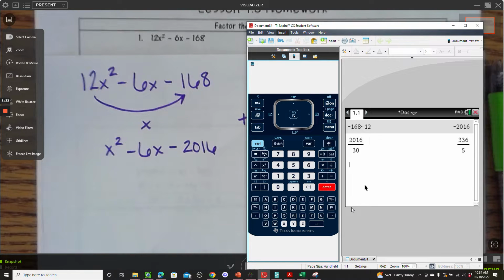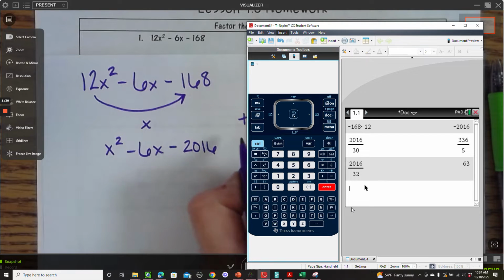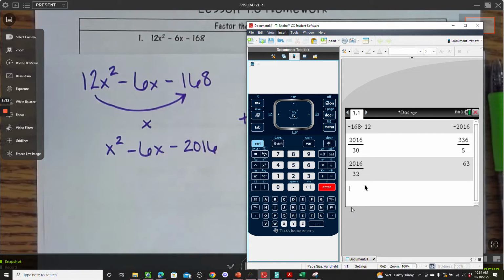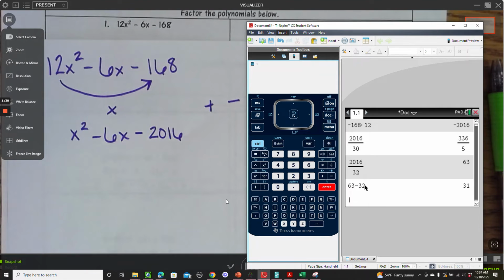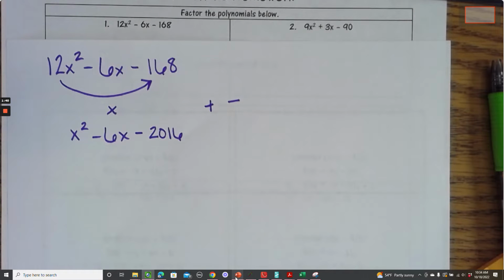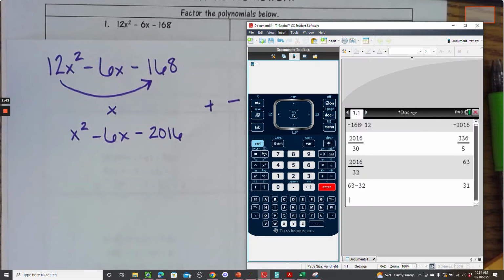2016, well, let's see what 30 is. Nope. 2016 divided by 32, there's one. So 32 and 63, but still, if I subtract those, ooh.